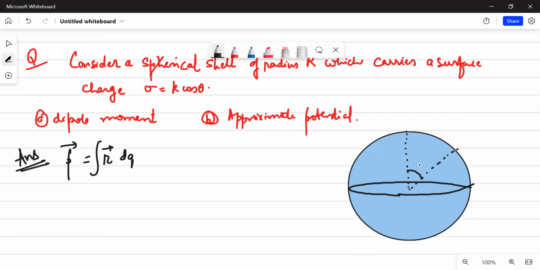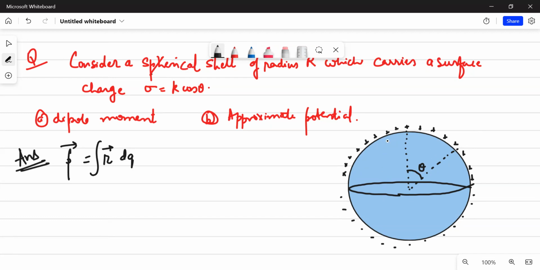So this is your theta. And if I say that my theta varies from 0 to pi by 2, that is on the upper hemisphere, you will find that there will be positive charge accumulation on the upper hemisphere, isn't it? And on the lower half, you will find negative charges. Is that clear? On the lower half, you'll find negative charges.